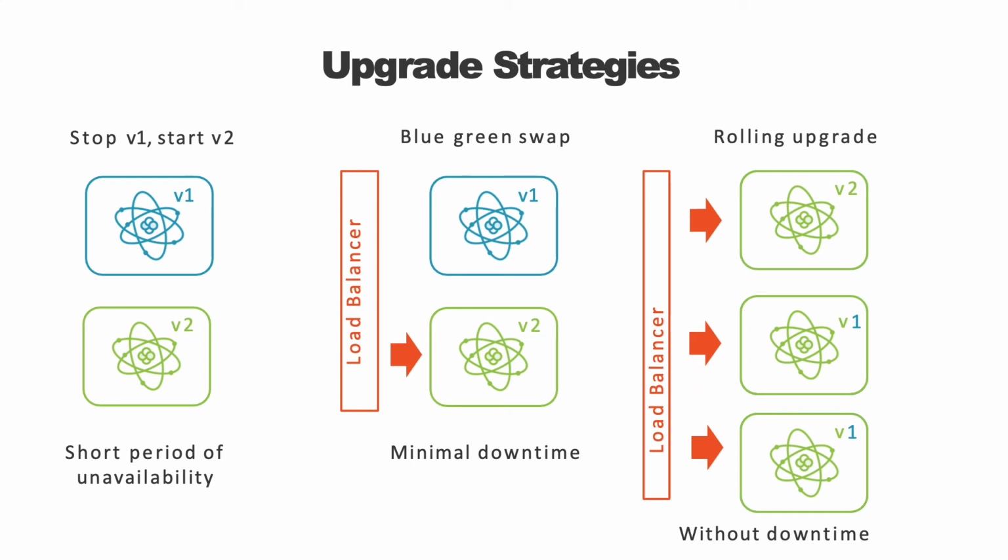My load balancer is still balancing the load between the three instances, so my service is always up and running. After that, I replace the second instance, and after that, the third instance of my service. So I made the upgrade of my microservice without any downtime.